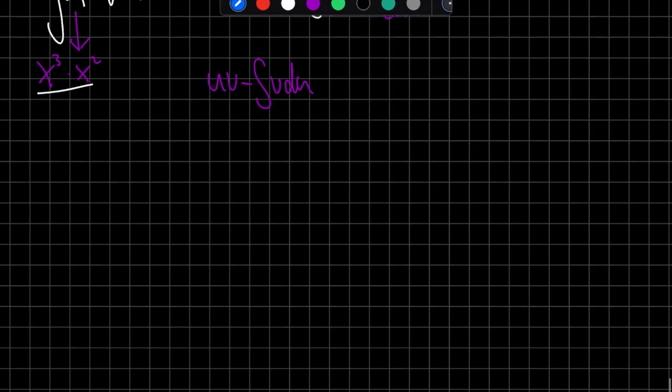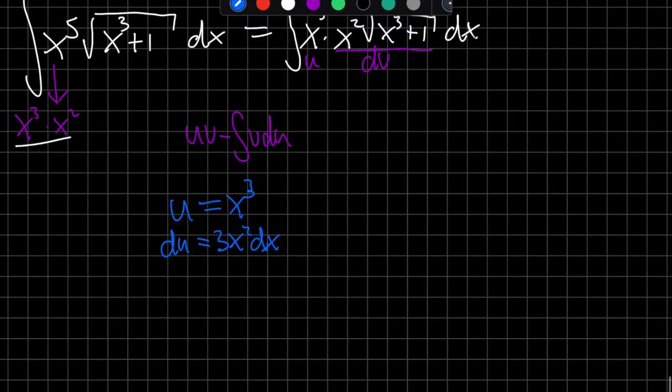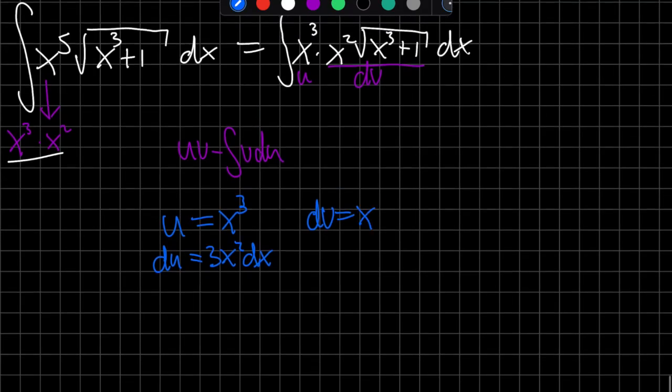So moving down here, if we make our u the x cubed, take the derivative of both sides, we get 3x squared dx. Now for the other side, we have dv, right? We have x squared times the square root of x cubed plus 1 dx, right?